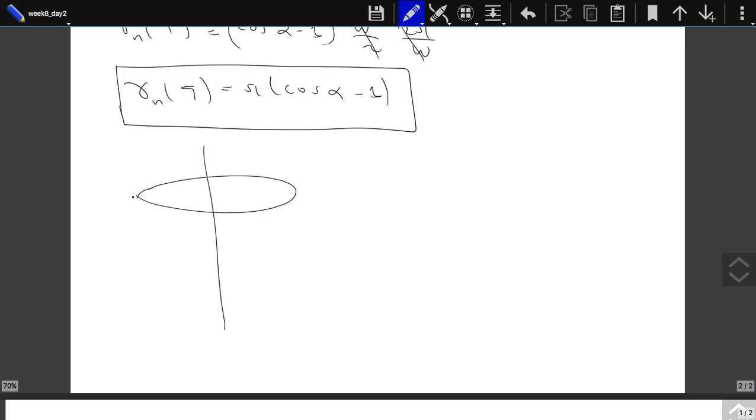So this is my magnetic field. Let's say this is B, it is constant. This is actually a part of a sphere. Now, what is the area of this region?